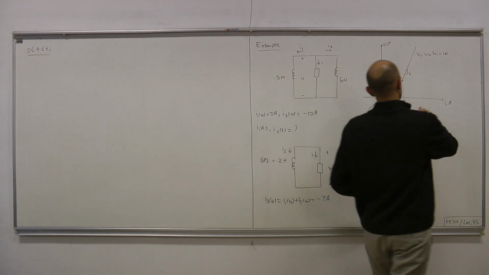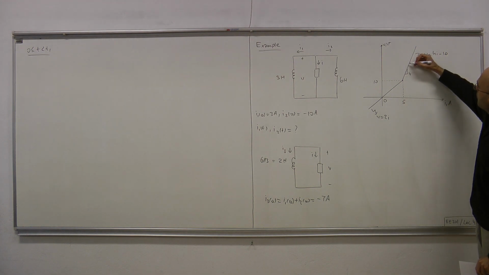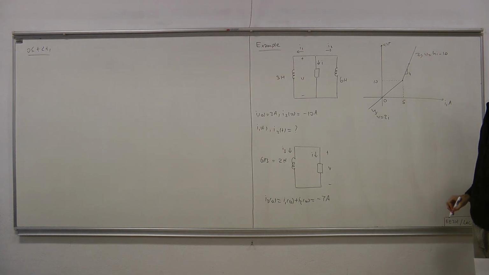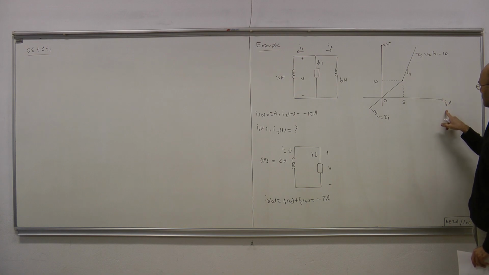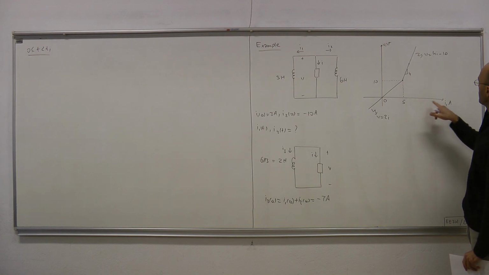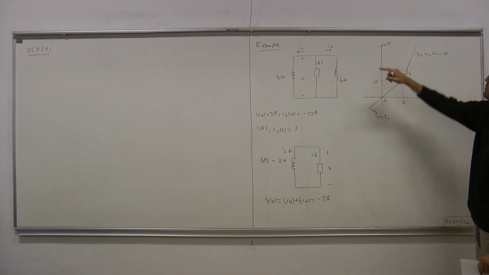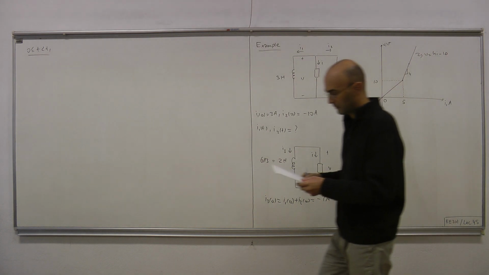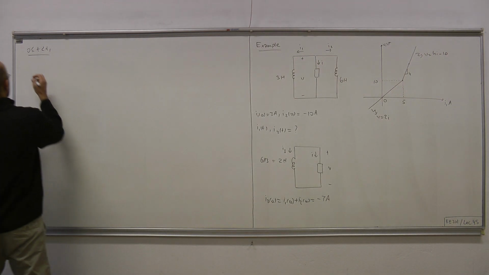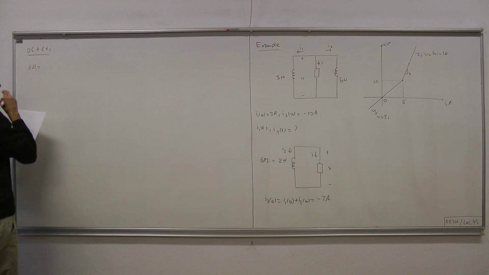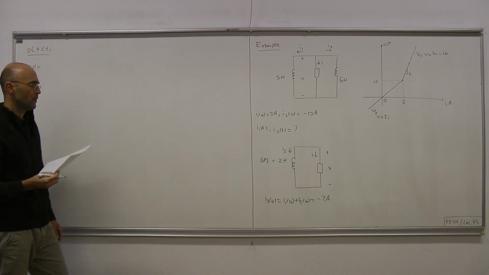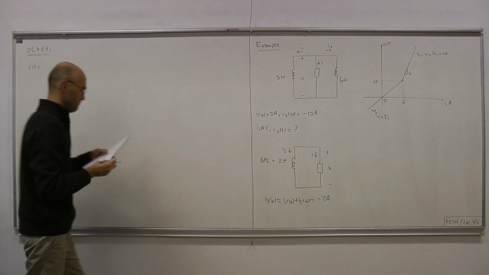So that means we're somewhere here on the curve. That's where we start. The current is 7 and the voltage is what corresponds to that. So I(0) is minus I3(0), and that's 7 amps.